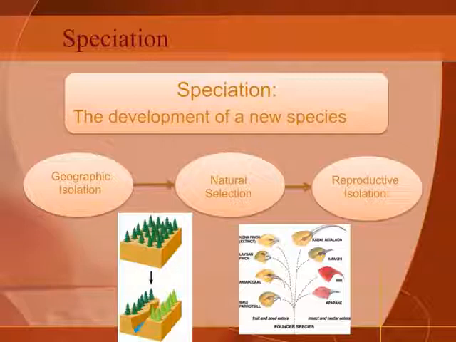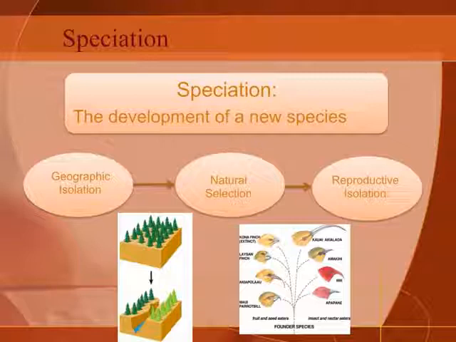So over time, different mutations in the trees are selected for, and over time, they become different enough that they are different species. That brings us to the third step, reproductive isolation.